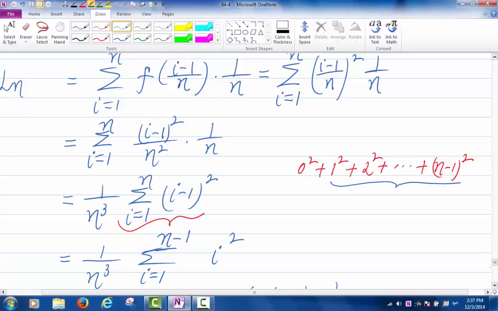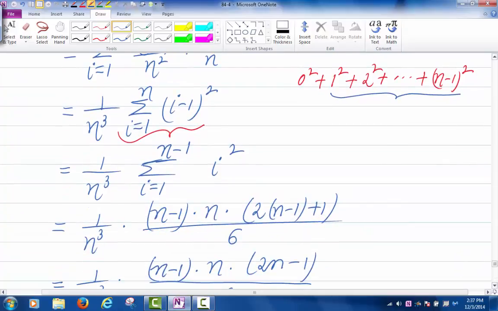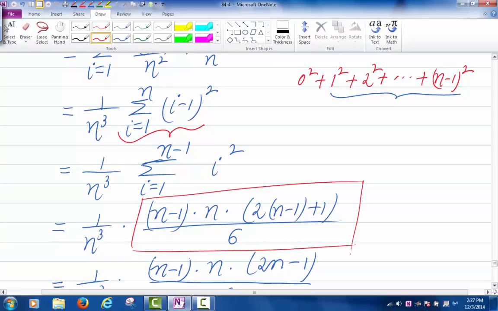Now I apply my formula that I gave you before the break. And if I apply that formula, what I get is this quantity right here. That's the sum of I squared as I goes from 1 up to n minus 1. Remember, for Rn, we went up to n, but now it goes up to n minus 1.